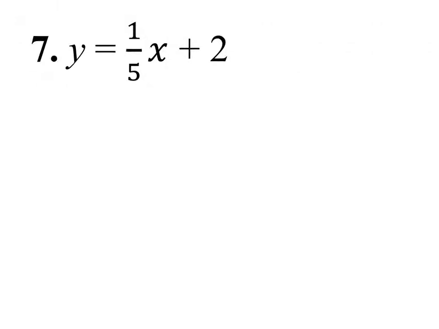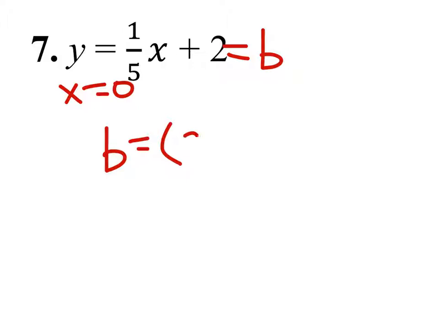So, we already know that x equals 0. So then from there we really can just go 2 which equals b. B equals (0, 2).